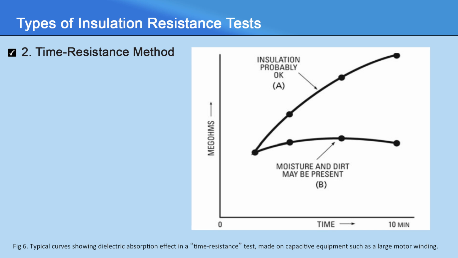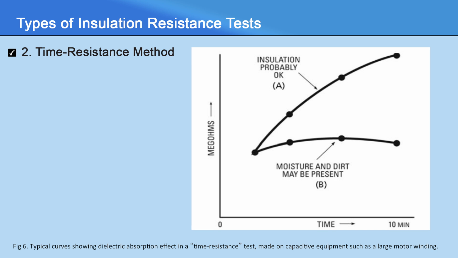It is based on the absorption effect of good insulation compared to that of moist or contaminated insulation. You simply take successive readings at specific times and note the differences in readings, as shown in figure 6. Tests by this method are sometimes referred to as absorption tests.